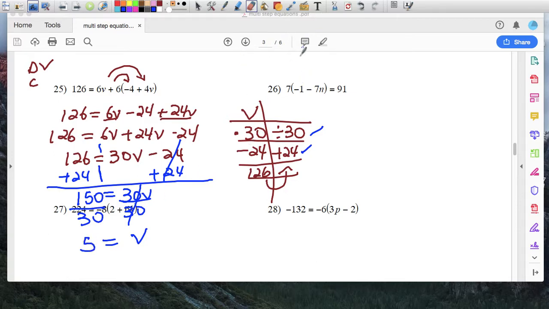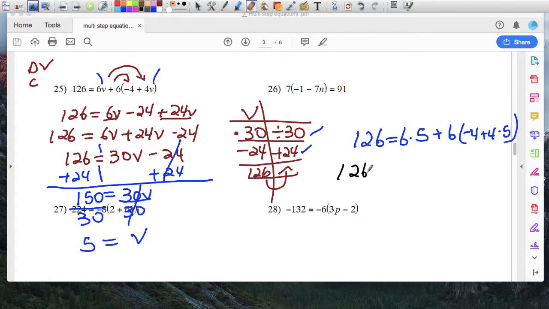So v equals 5. Let's substitute. So it's 126 equals 6 times 5 plus 6 times the quantity negative 4 plus 4 times 5. Because this v and this v got replaced. 126, 6 times 5 is 30, so I can write that. Plus 6.